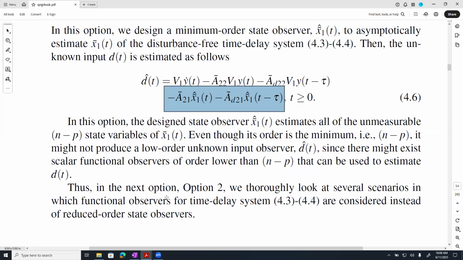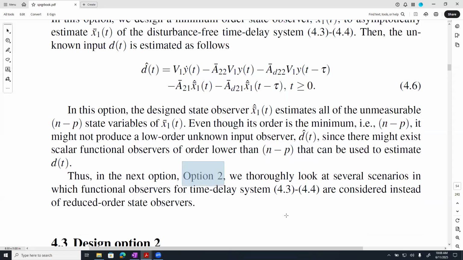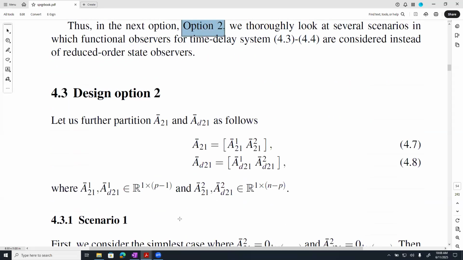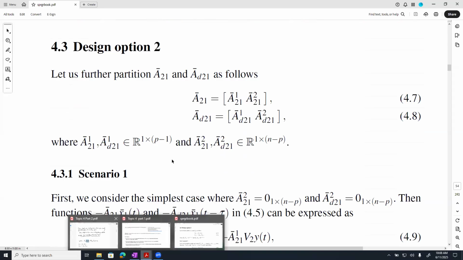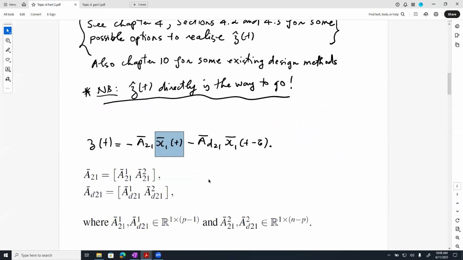So we then extensively looked at option 2, and in option 2 we have 4 scenarios, one by one. This is just an explanation of what we actually did. All the scenarios 1, 2, 3, and 4 belong to option 2. The way we do that is we zoom in on these matrices, A bar 2,1 and I bar D 2,1.